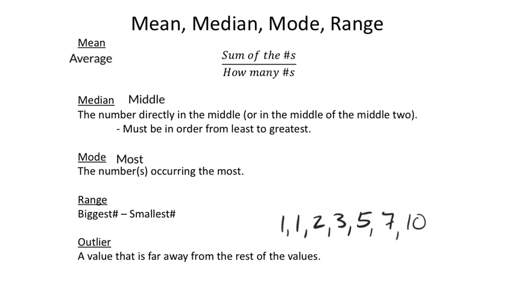If this is my list of numbers, I can see that these numbers, I mean, whether you want to consider these high or low is one thing, but if we tacked on another number here and it was like 5,786,215, okay, now that's kind of weird. Like, where did that 5,786,215 come from? This would be considered an outlier because it doesn't really fit in with the rest of the numbers.